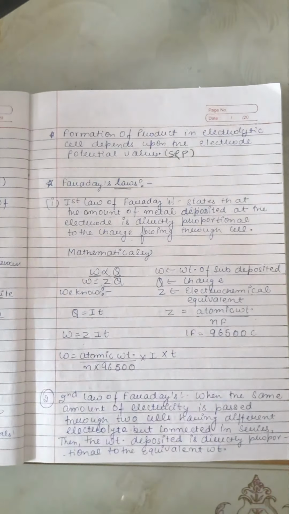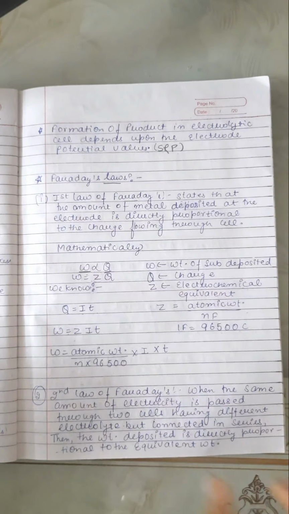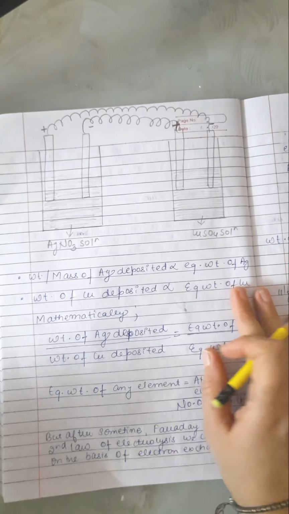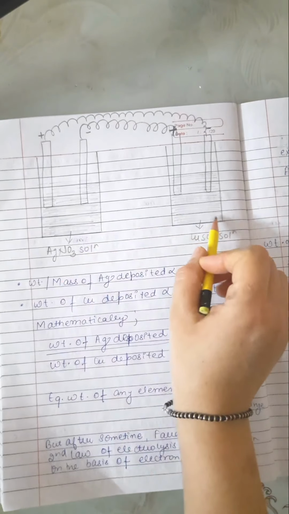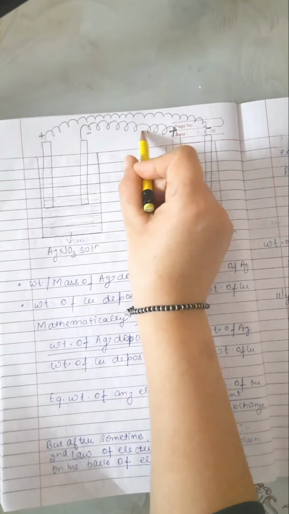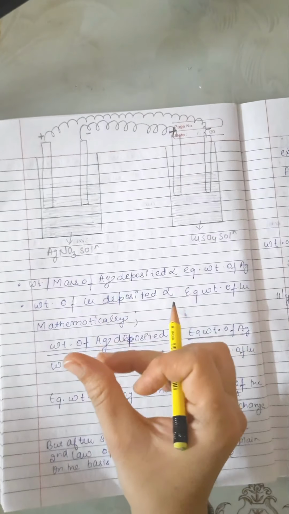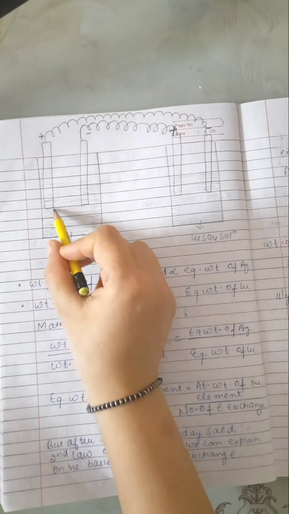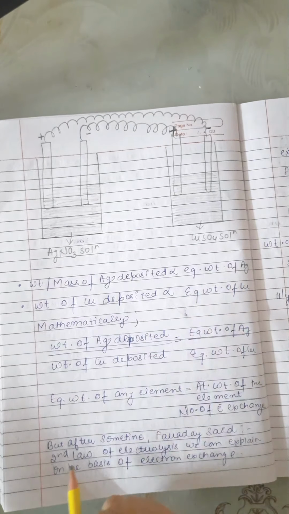Now let's do second law of Faraday. Second law of Faraday states that when the same quantity of electricity is passed through the solution of different electrolytes connected in series, the mass of the substance produced at the electrode is directly proportional to their equivalent weight.